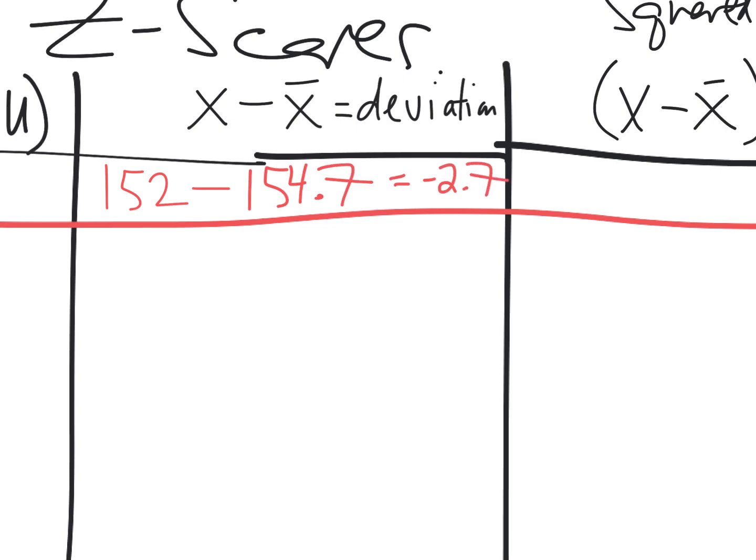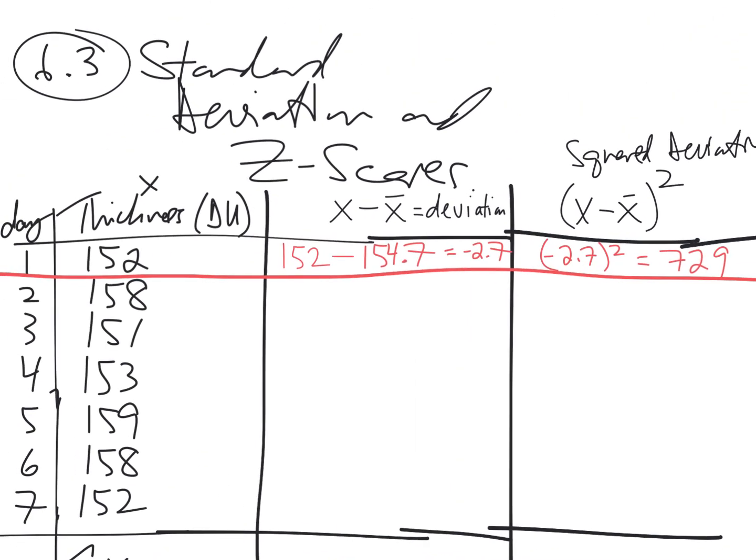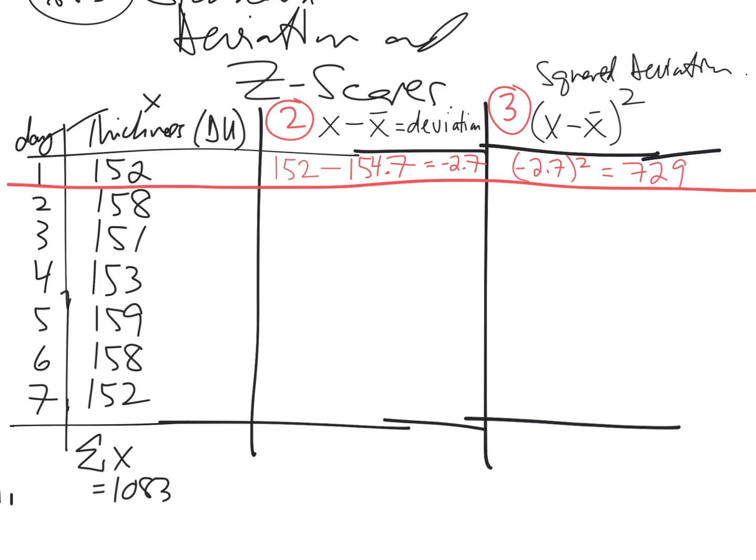And while it's on our calculator screens, we're going to square it. So negative 2.7 squared is 7.29. So step 1 is calculate the mean. Step 2 is calculate the deviations. Step 3 is to square the deviations. Okay, so let's repeat this for all of them.